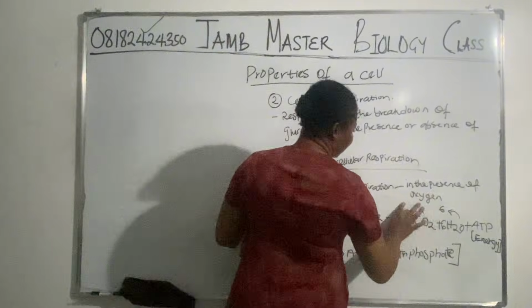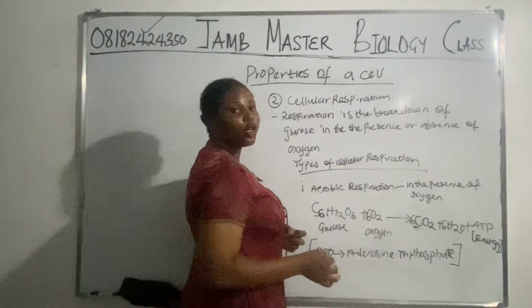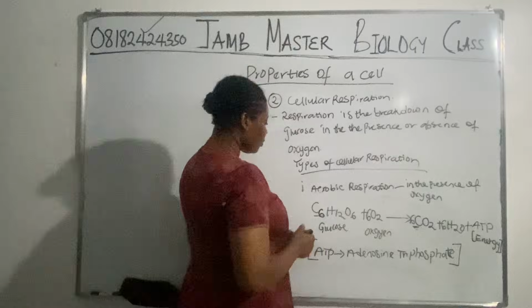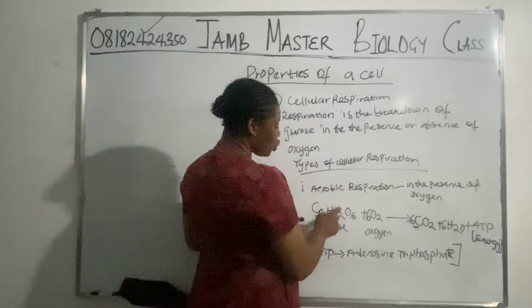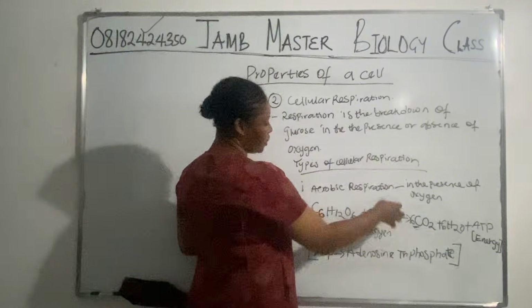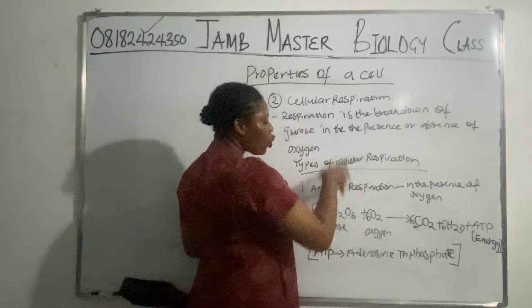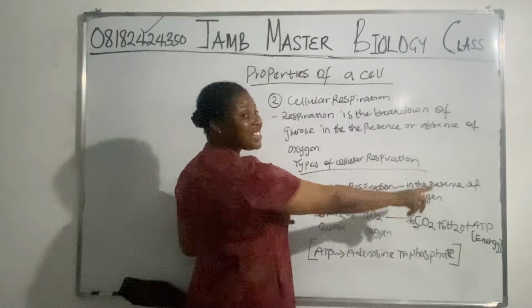Okay, let me go again because I know some of us will not grasp it. Remember we did balancing chemical equations in chemistry. So I said that this is glucose, C6H12O6. And we have 6 molecules of oxygen here that is breaking down glucose to give us carbon dioxide, water, and energy, which is ATP.